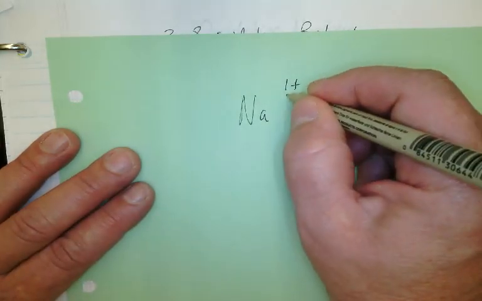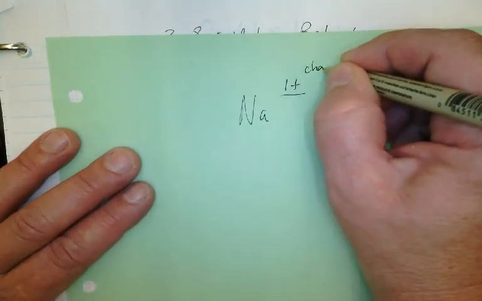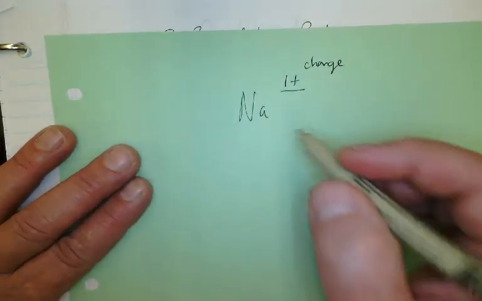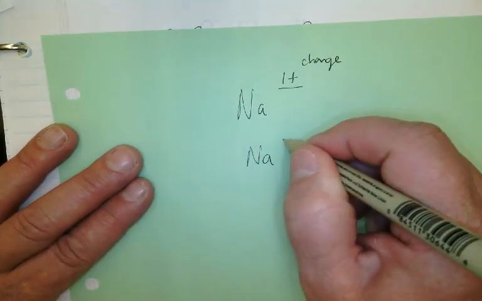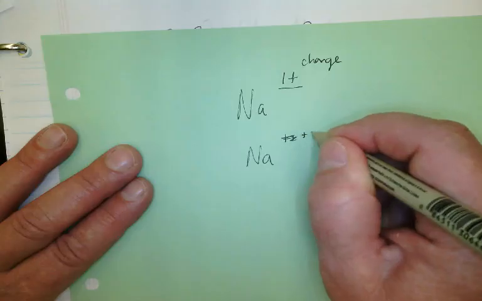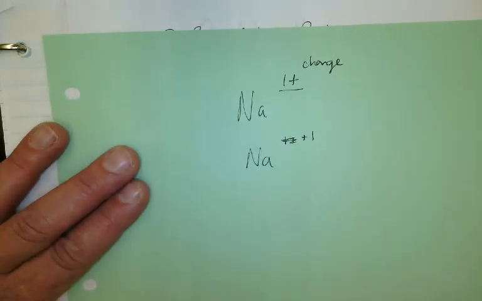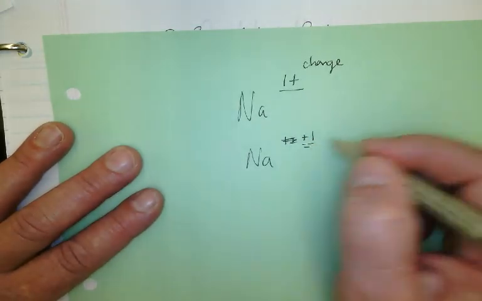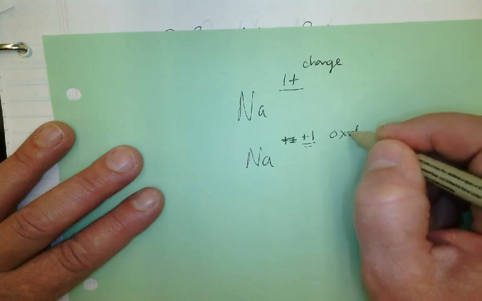And this right here is your charge. Today, I'm going to write Na, plus 1. It's really hard for me to write even. And this is your oxidation number.